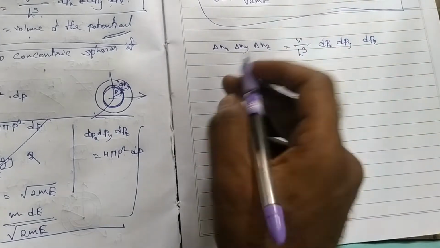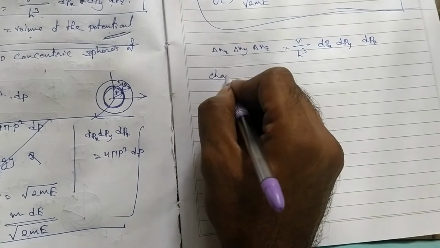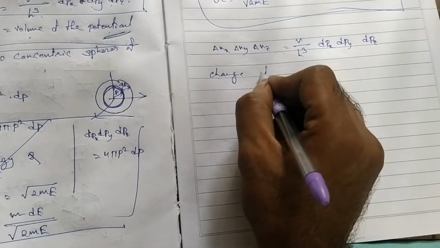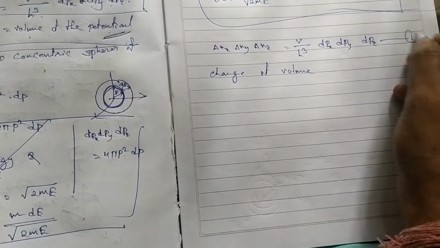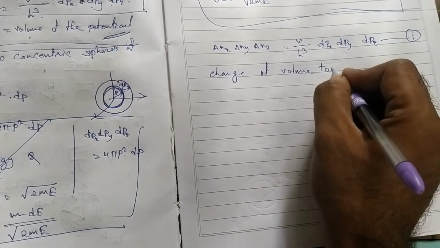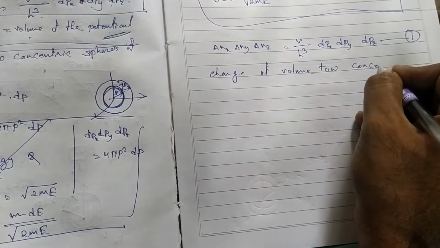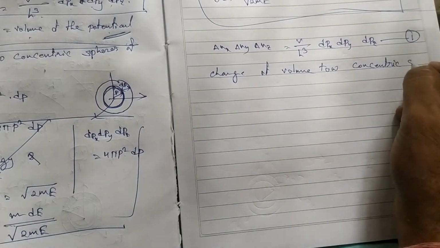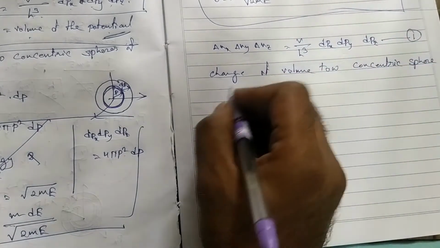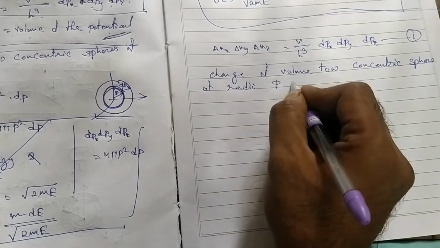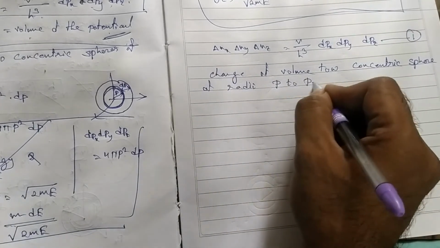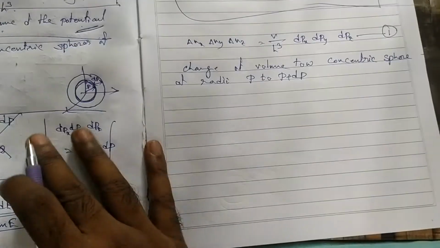Now consider the change of volume between two concentric spheres of radii p to p plus dp.